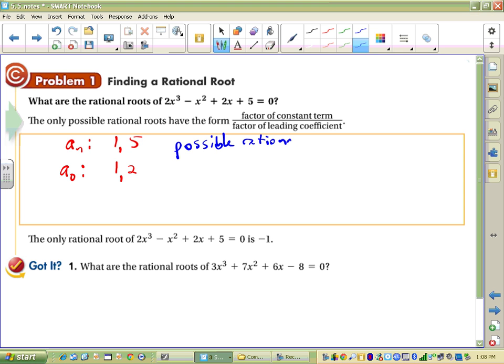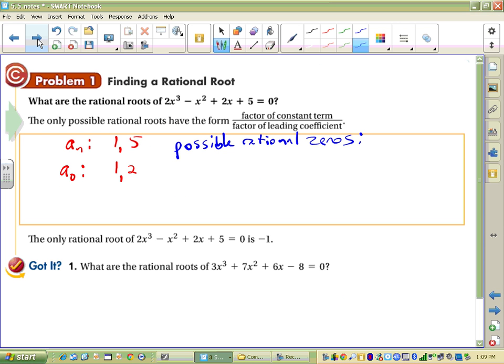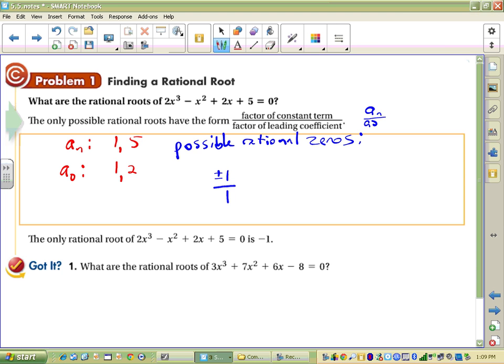are as follows. Now, how did I do this the last time? Yeah, plus or minus 1, plus or minus 5. So we want a sub n's factors divided by a sub 0's factors. So we've got 1 and 5, so we've got plus or minus 1. The first time here, we're dividing by 1. The next time, we're going to be dividing by 2.